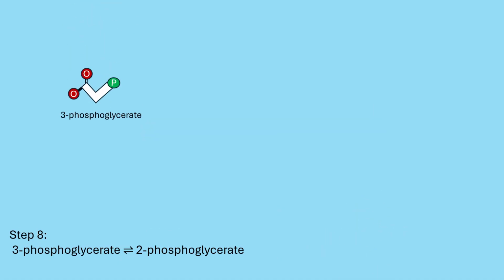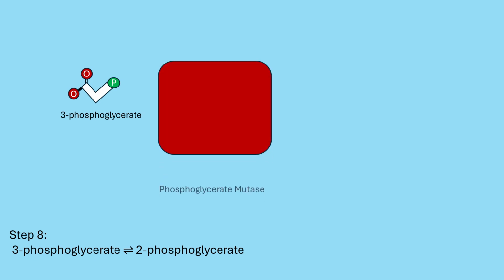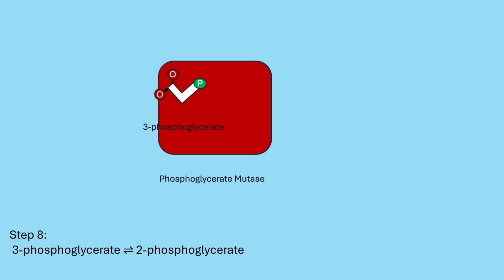Step 8 is relatively simple. Phosphoglycerate mutase shifts the phosphate group from the third carbon in 3-phosphoglycerate to the second. Therefore, it becomes 2-phosphoglycerate. It's simply a structural isomerization.